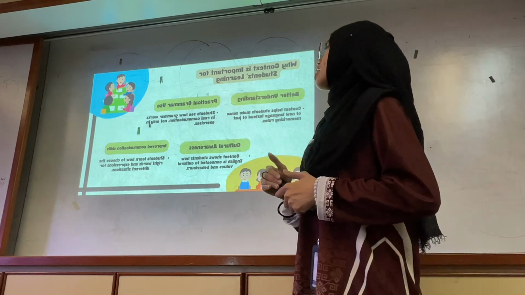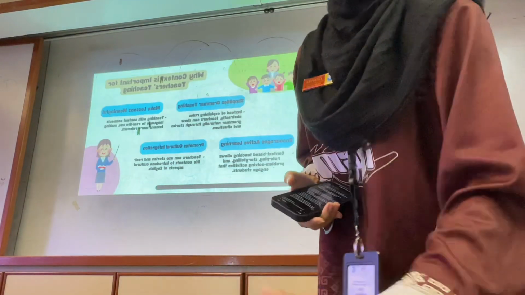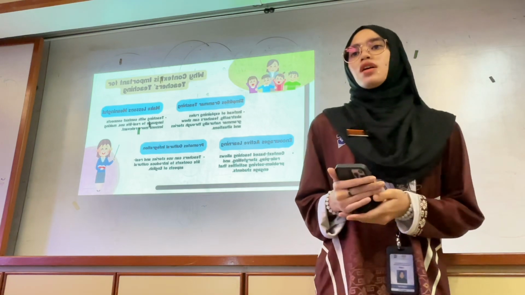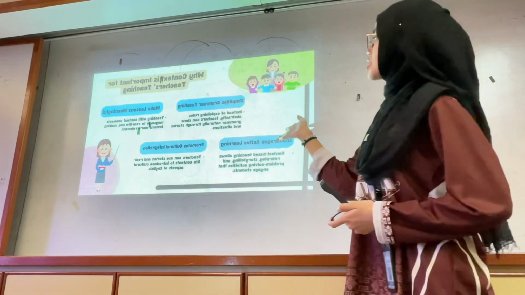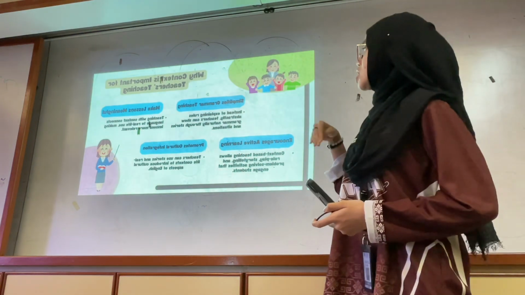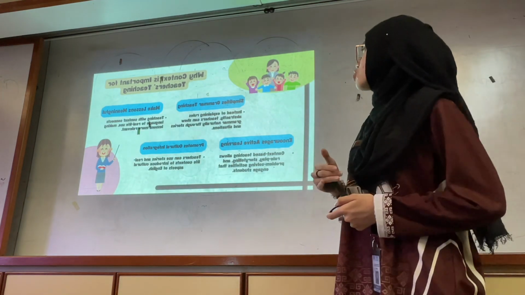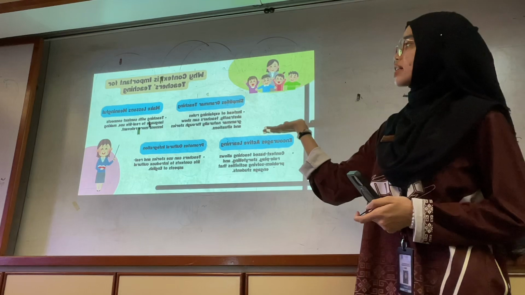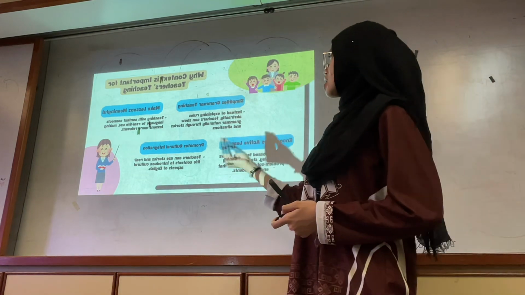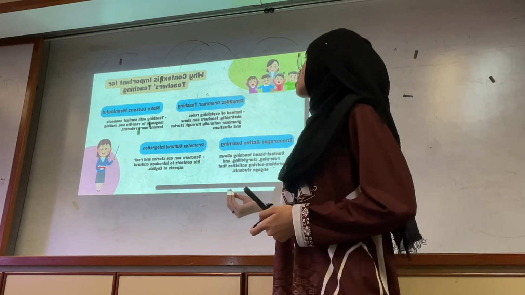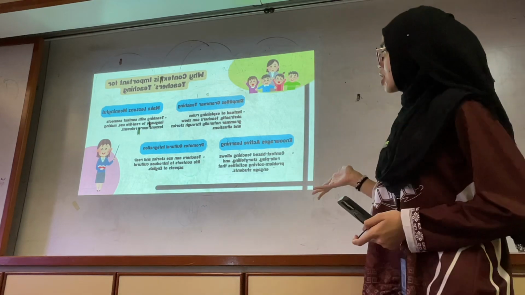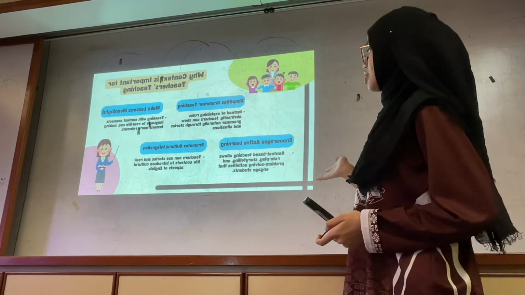And we move on to the next one, which is why context is important to teachers' teaching. As you can see here, we have simplified grammar teaching. Instead of explaining rules abstractly, teachers can show grammar naturally through stories and situations. And then we have making lessons meaningful. Teaching with context connects language to real-life use, making lessons more relevant. And then we have encouraging active learning.